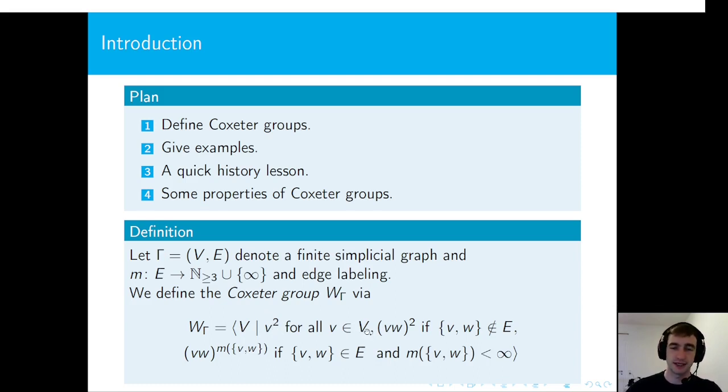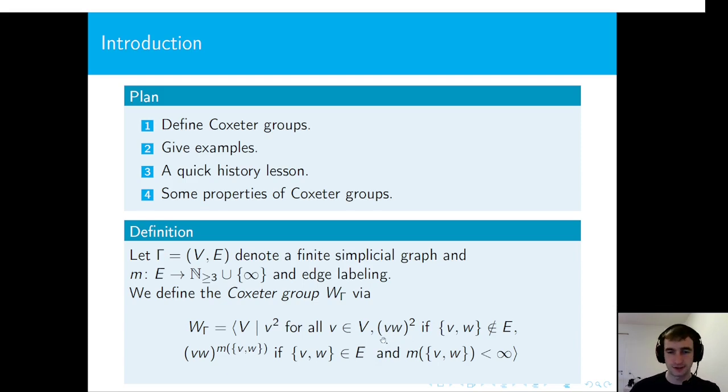And then we say the product VW should have order 2 if there is no edge between them. It should have order of the edge labeling if there is an edge and this edge labeling is not infinity. And if this edge label is infinity, then we don't have a relation on the product.